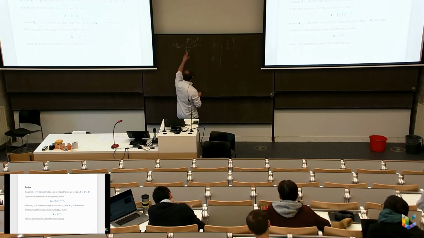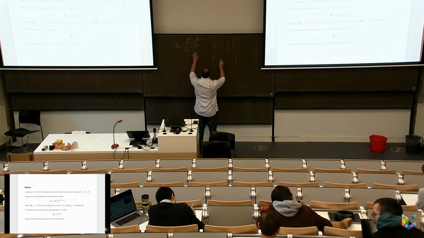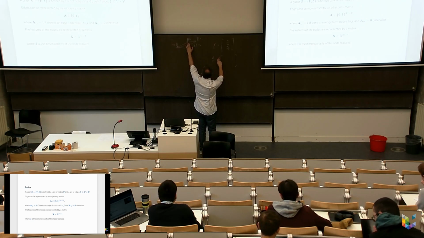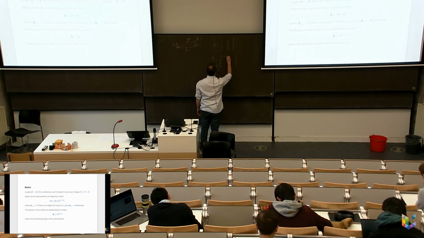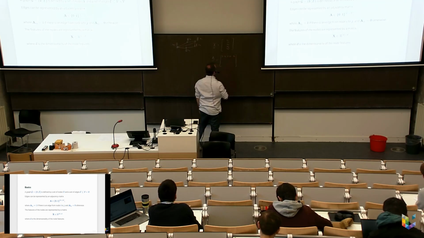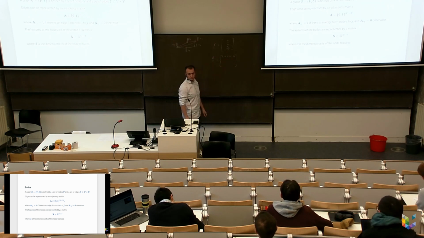So for example, for this graph, node 1 is connected to node 2 and 5. So I'm putting zeros everywhere, except for the second and the fifth element, because there is a connection from the first node to these two nodes.